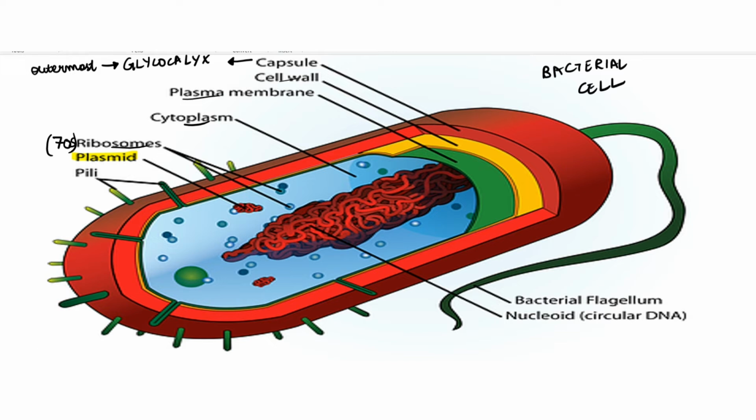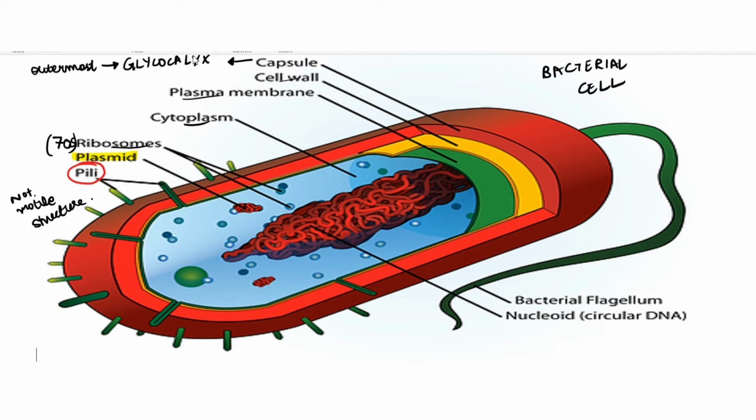Okay, next the surface structure we can see is pili. This does not help in motility. These long ones you see, these are the bacterial flagella, which help in motility. The main genetic material you see, this is the nucleus of the cell. This is not enveloped by a nuclear membrane, so it is a prokaryotic cell, which means the nucleus is primitive.